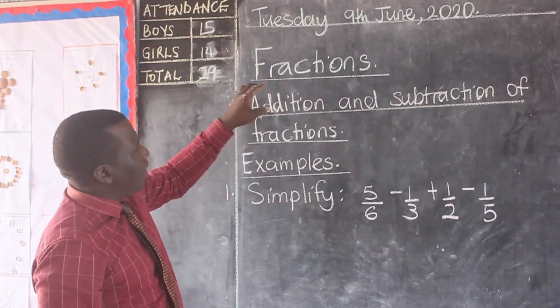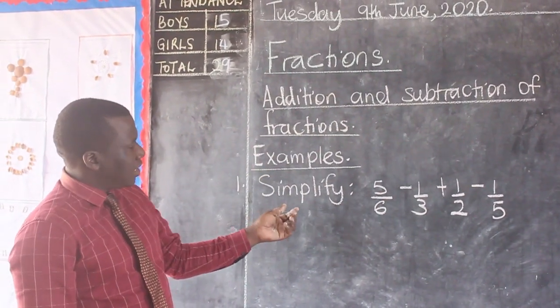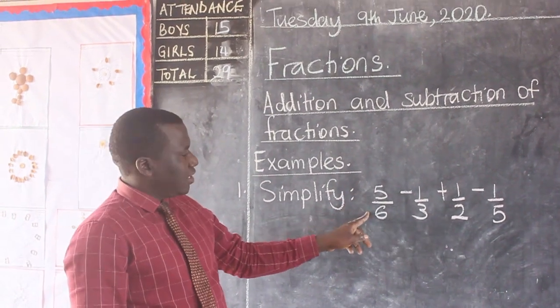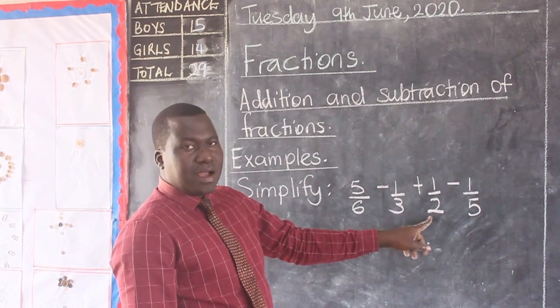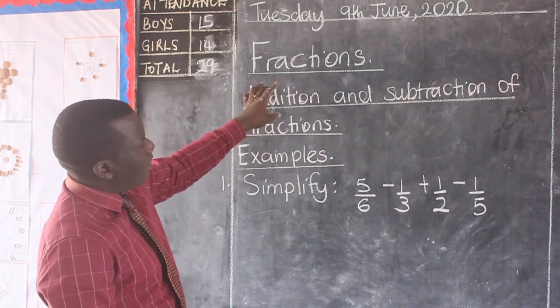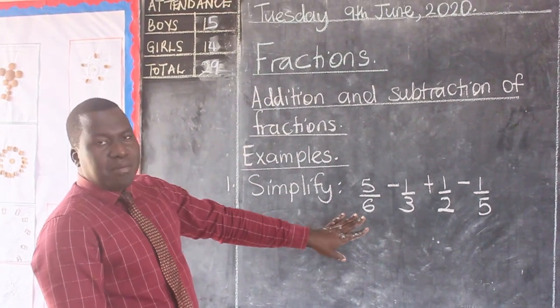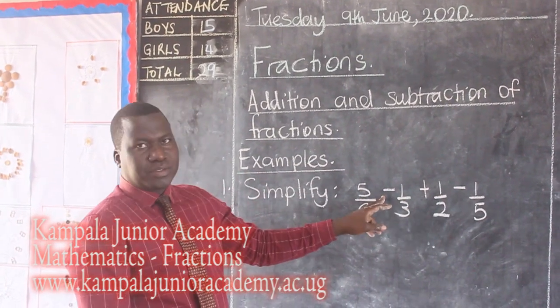So in addition and subtraction of fractions, example 1 says simplify 5/6 minus a third plus a half minus a fifth. So here, a number comes when it has more than one operation.